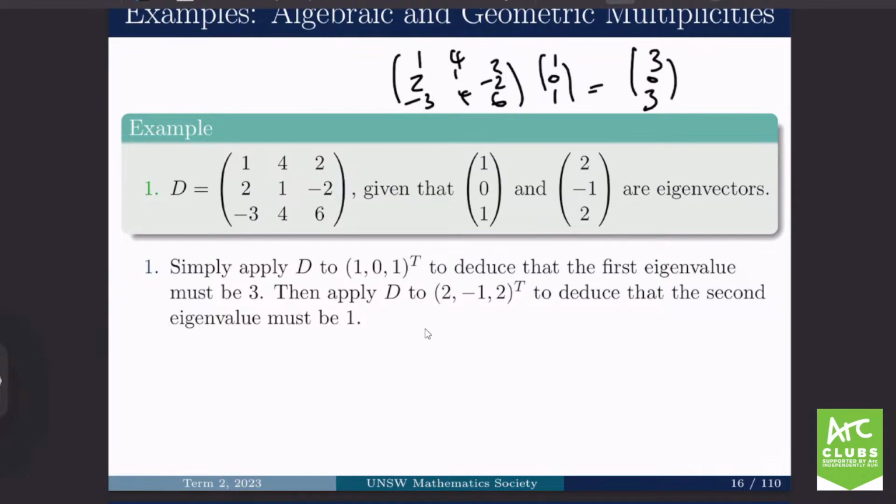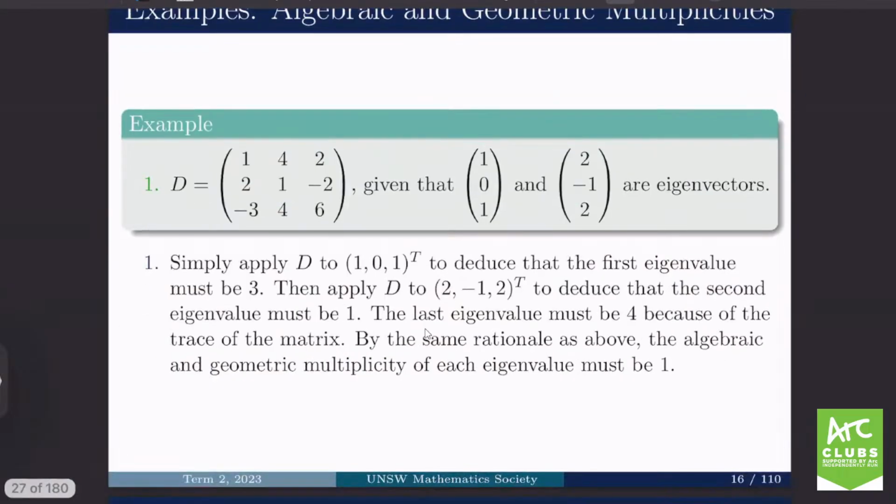Okay, so the eigenvalue must be 3. And then similarly for the second one, the eigenvalue must be 1. Okay. Now again, now that we know the eigenvalues, to find the last eigenvalue, we just sum all the diagonal entries. That equals the sum of the eigenvalues, and we can find the last eigenvalue. Okay.